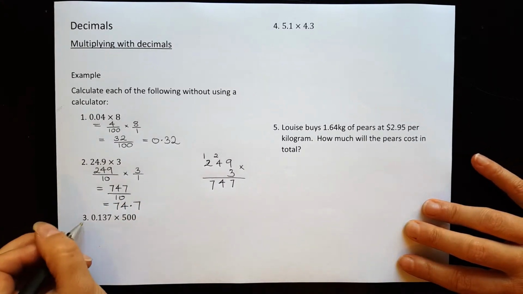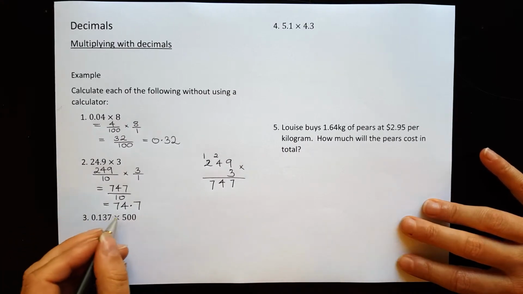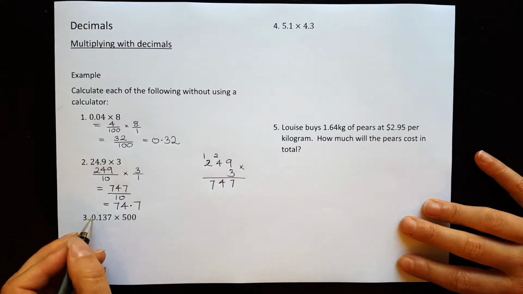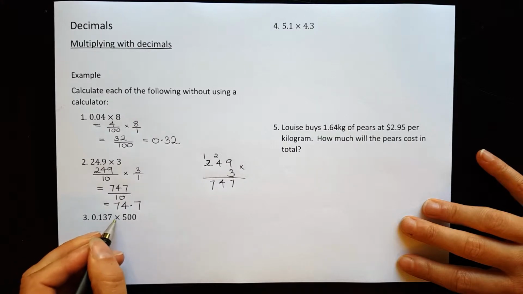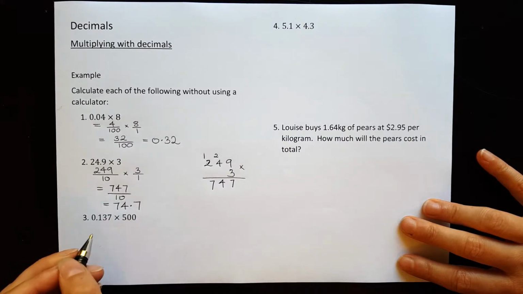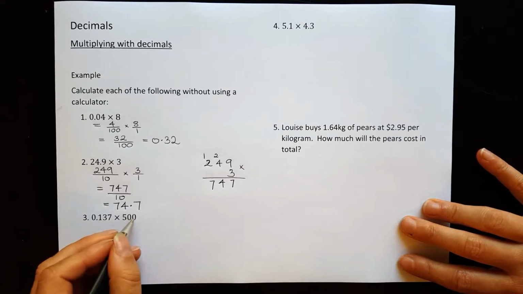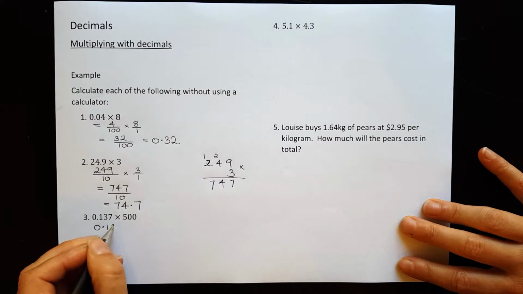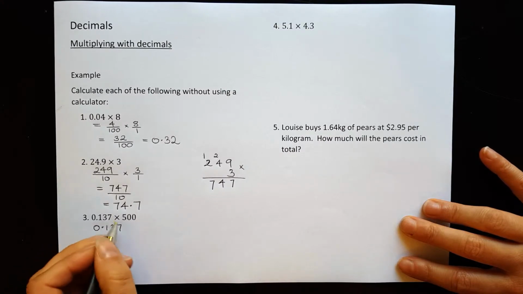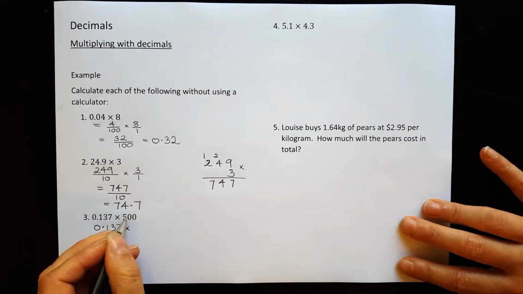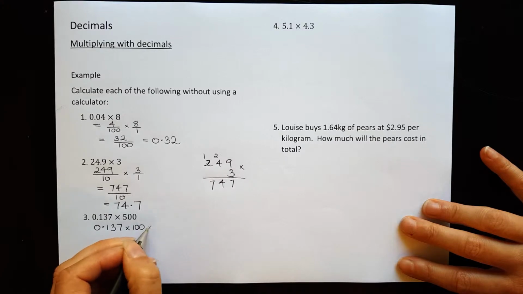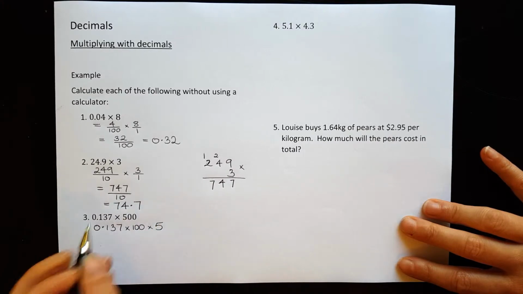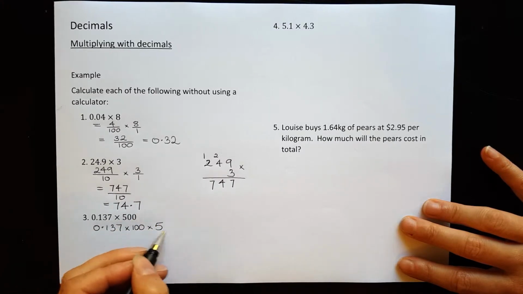Let me show you that again. Question 3. This is a bit trickier again. 0.137 times 500. When I'm multiplying by a big number like this with factors of 10 in here, I can change that to be 0.137 times 100 times 5, because 500 is 100 times 5.